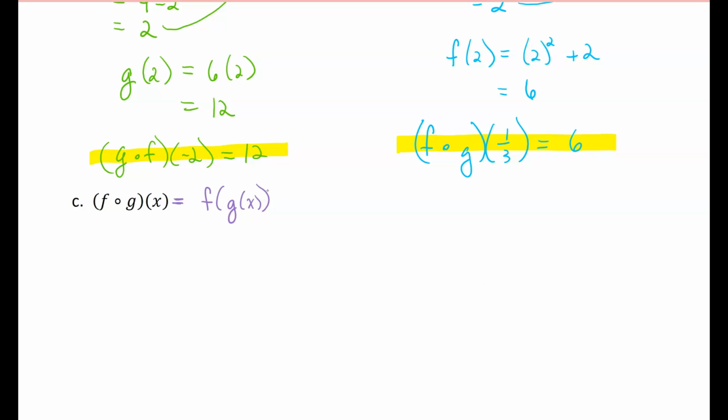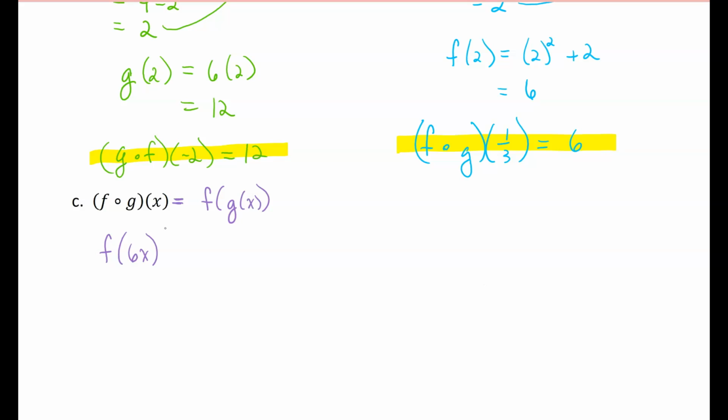Just like we did when we had a term that we were evaluating at, I'm going to replace my g of x with 6x. So this becomes f of 6x. And what does that tell me to do?